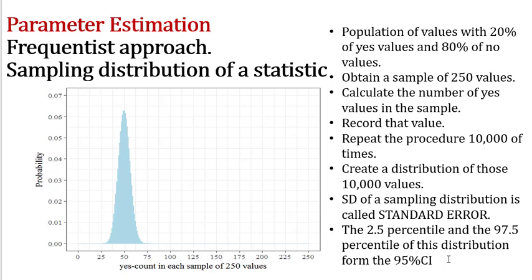Now, the main problem here is that the procedure we use guarantees that 95% of the times we use the procedure, the value will be within the interval we provided.